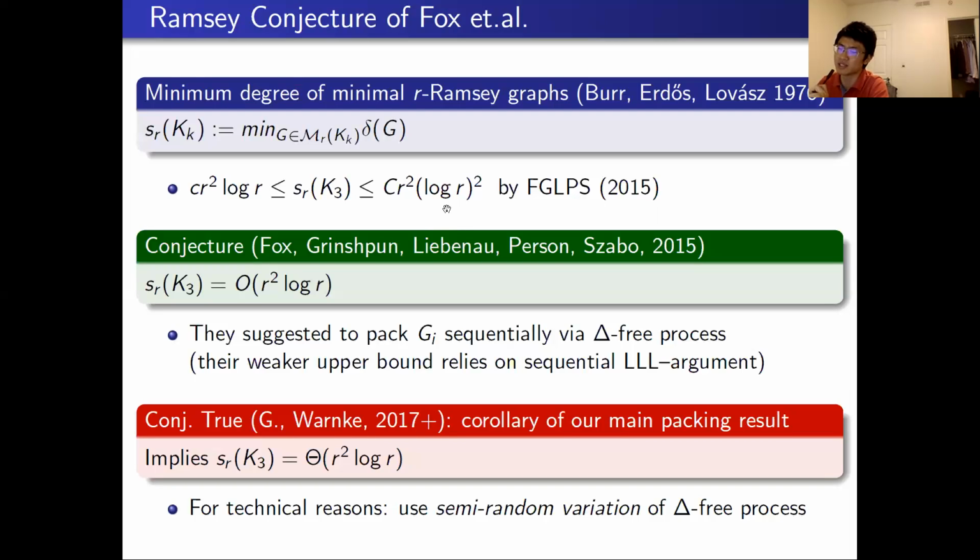To remove that log factor, they suggested to pack the graphs G_i subsequently via the triangle-free process. For technical reasons, we actually use a semi-random variation of the triangle-free process to prove our packing result. So that's in relation to the Ramsey conjecture. Is there any question at this point?